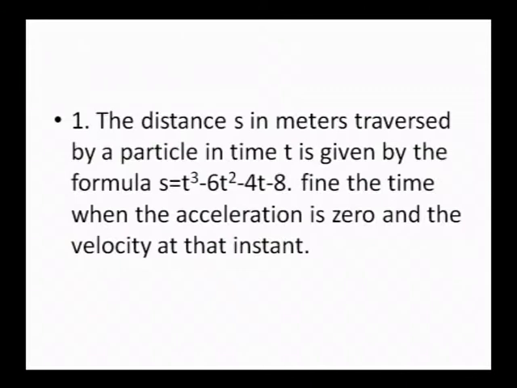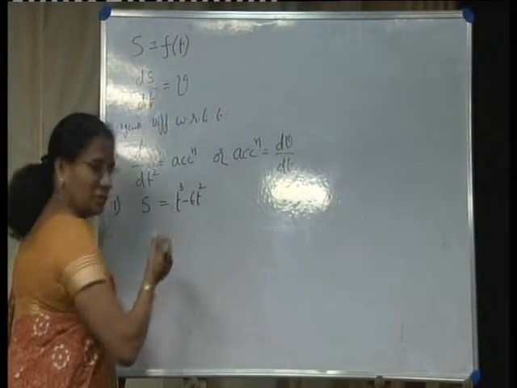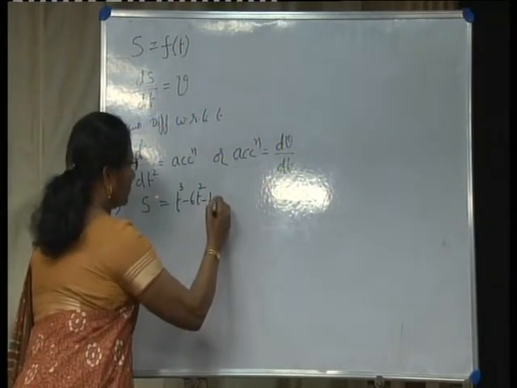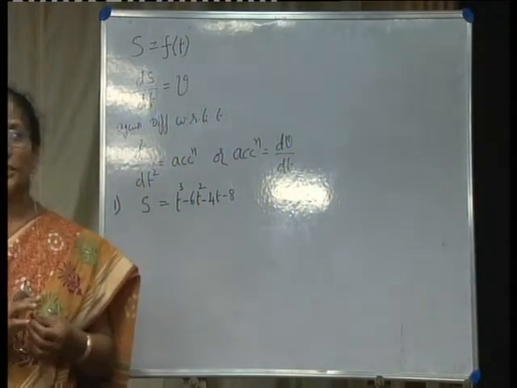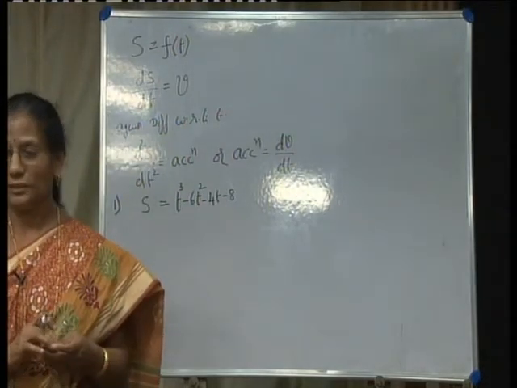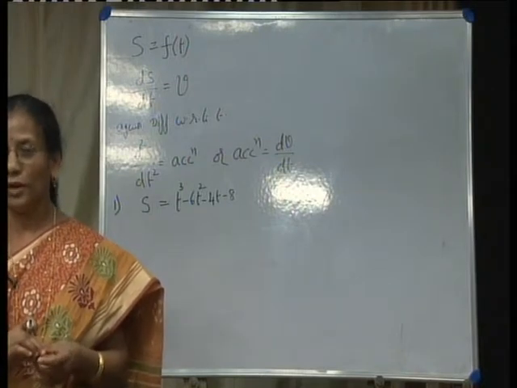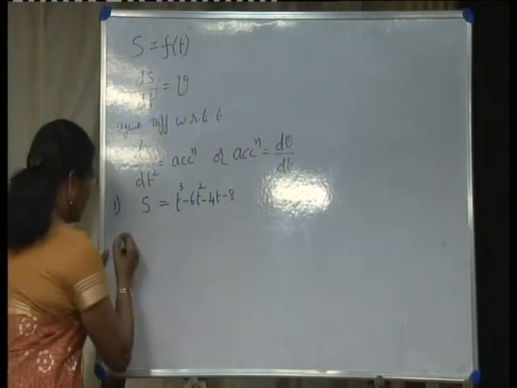s is equal to t cube minus 6t squared minus 4t minus 8. So this is the displacement in terms of t. Find the time t when the acceleration is 0.